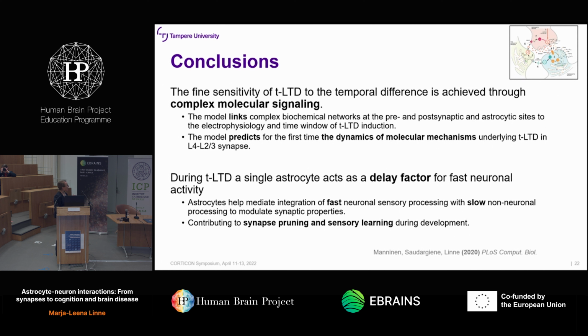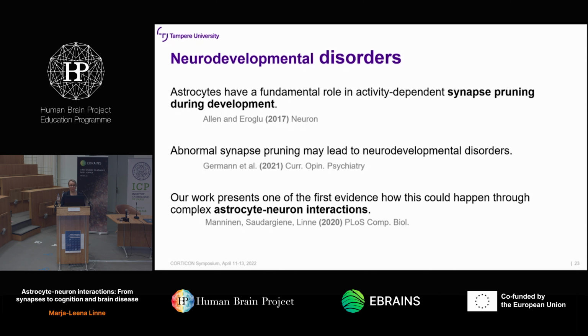And we currently consider that this phenomenon might be related to synapse pruning and sensory learning during development. But as I said, something like this is also going on in other synapses and in different developmental phases. We still don't know what happens in the adult animal, but it's an indication that at least during development this is very important. And indeed, if you look at, for example, the work of Nicola Allen and Cagla Eroglu, they have shown that astrocytes have a fundamental role in activity-dependent synapse pruning during development.